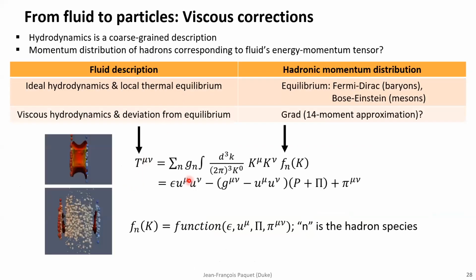Essentially the heavier your hadron, the less of an impact it has on your energy momentum tensor, because they're heavy, but there's not many of them. So it becomes quite difficult to constrain, and your prediction becomes very model dependent when you transition from your hydro to your hadron. So how you sample those additional hadrons, is that what you're asking?